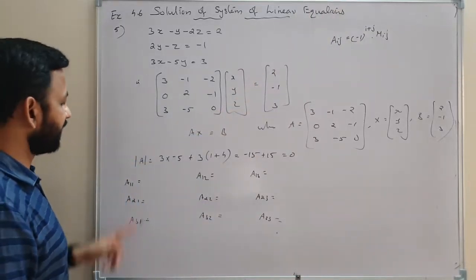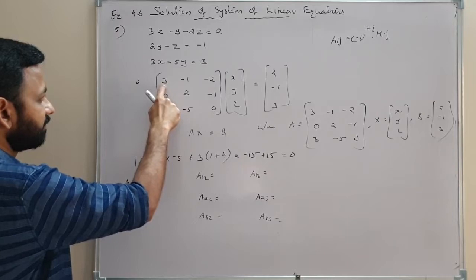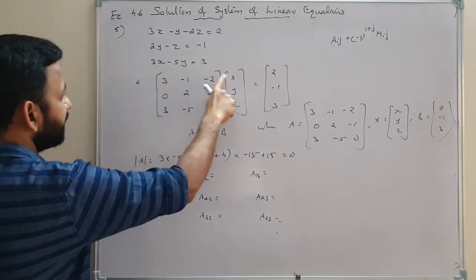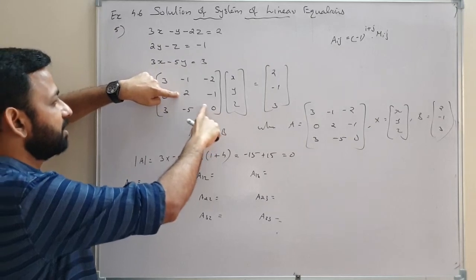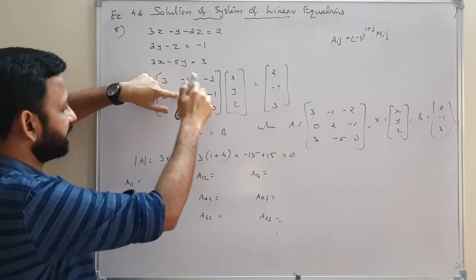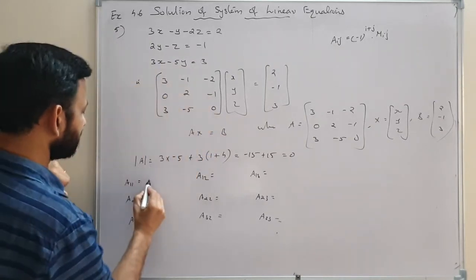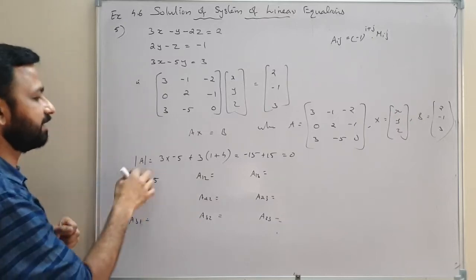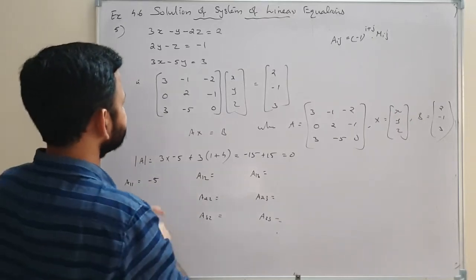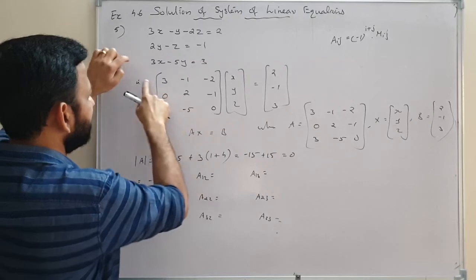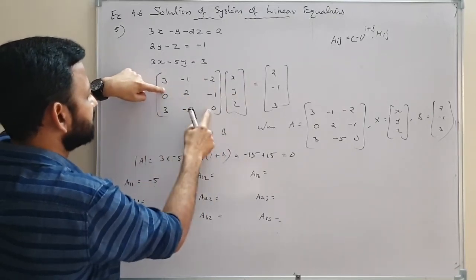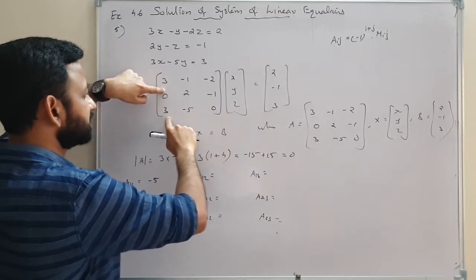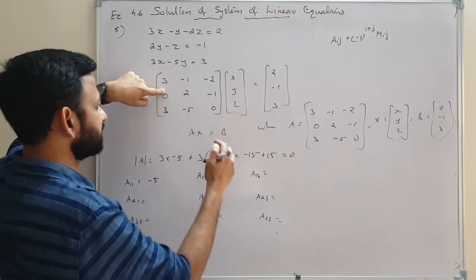So if you want to find A11, this element deleting, then find the determinant. 2 into 0, 0 minus 5 into minus 1, that is minus 5. Then here minus 5 because 1 plus 1 is even number. Then second element deleting, 0 minus 3 into minus 1, that is minus 3.